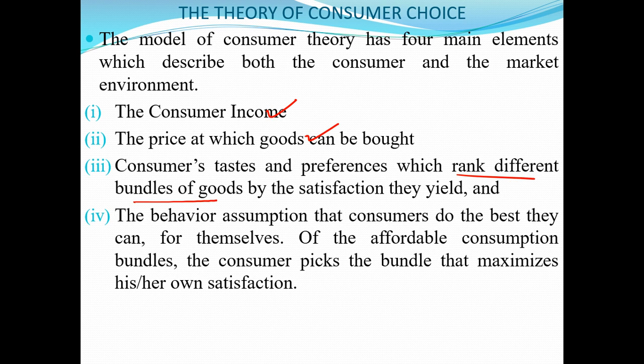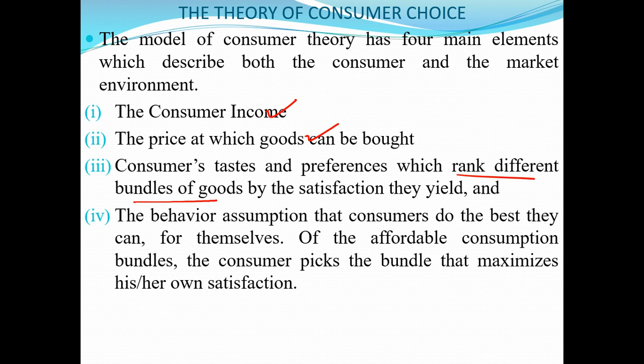So if your tastes are oriented towards, let's say, Fanta, compared to Coca-Cola, it's obvious that you will rank Fanta highly than Coca-Cola. That also means that you prefer Fanta to Coca-Cola. Therefore, if you're ranking them, Fanta will be number one, followed by Coca-Cola.